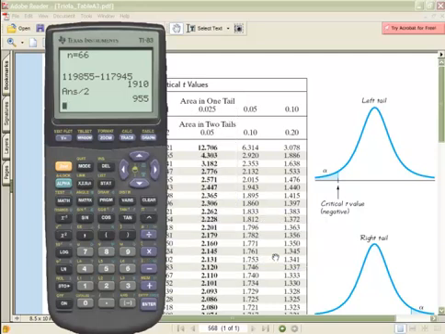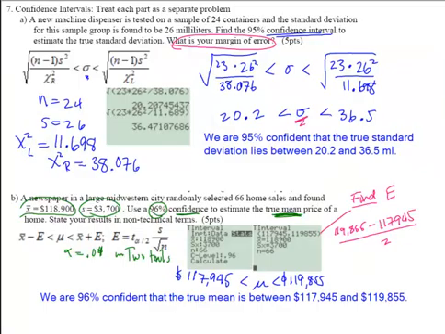So let's take that, add it in our notes. 955. Okay, so that's the confidence interval exercise. That's number 7.